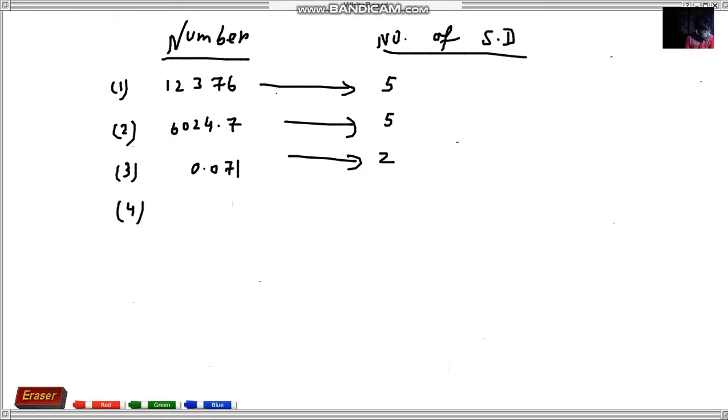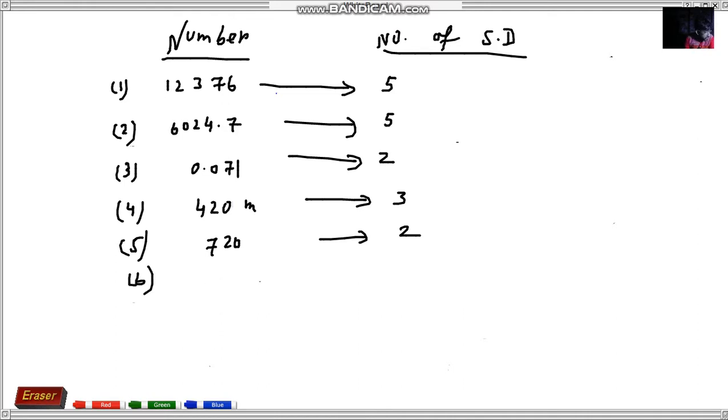And number 4, I can give you 420 meter, so here the number of significant digits is 3 because it carries a unit. Number 5 is simply 720, so here the number of significant digits will be 2 because the zero is occurring at the right side and there is no unit, no decimal, so it will be 2 only.